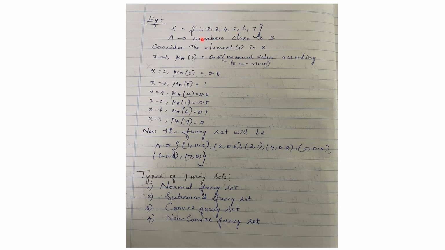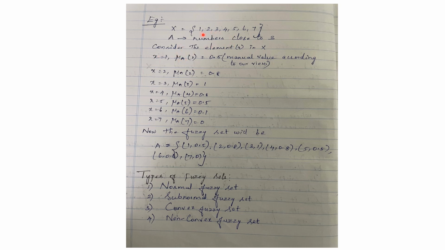We are going to find which numbers are close to 3 and at what distance they have a relationship with each number. Now consider the element x in capital X. So small x will be each element.